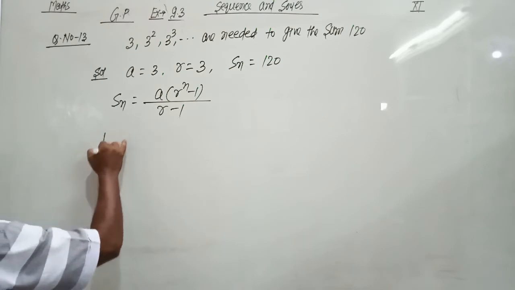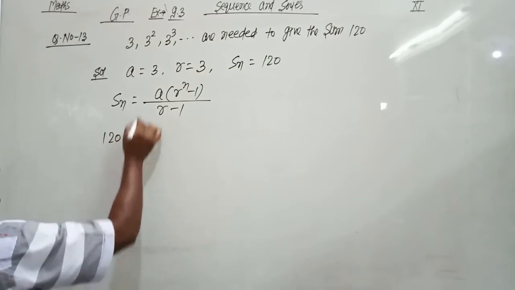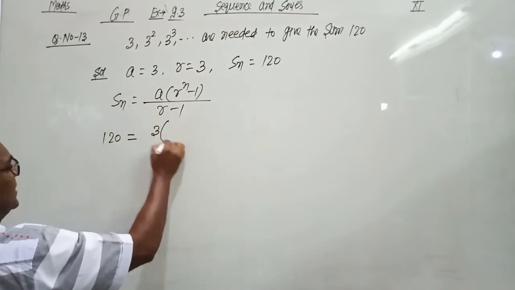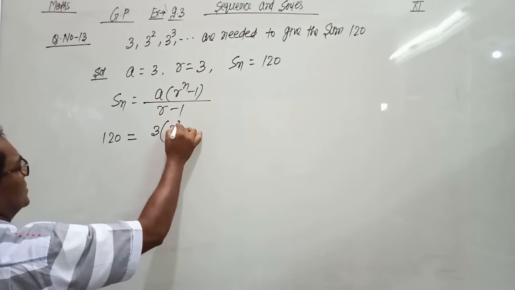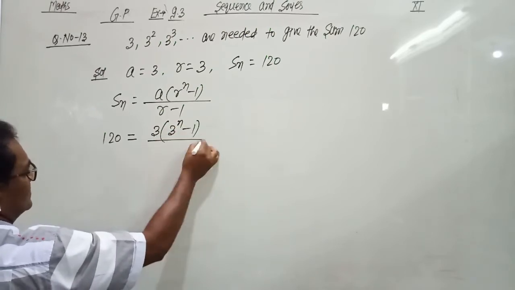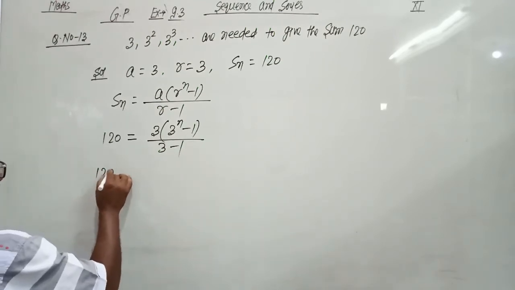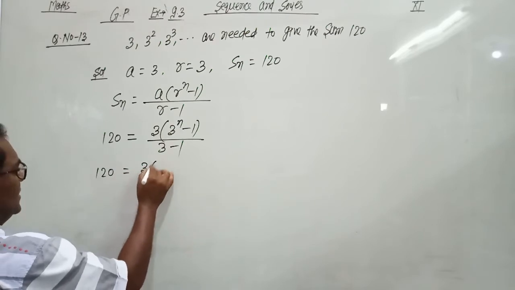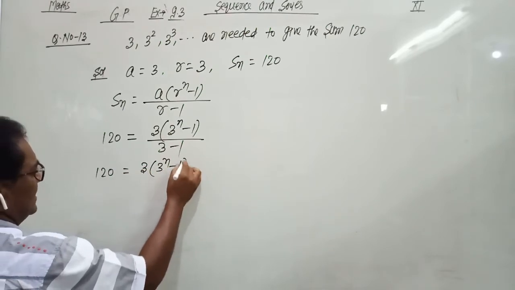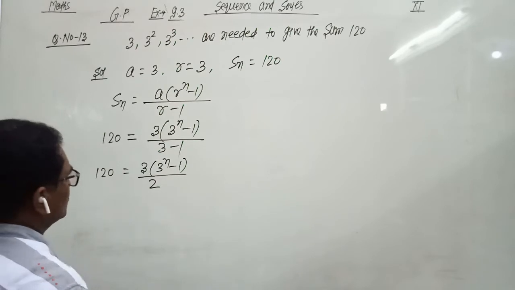The value of Sn is 120, A is 3, R is 3, so 120 equals 3 into 3 raised to the power n minus 1 upon 3 minus 1, that is 2.